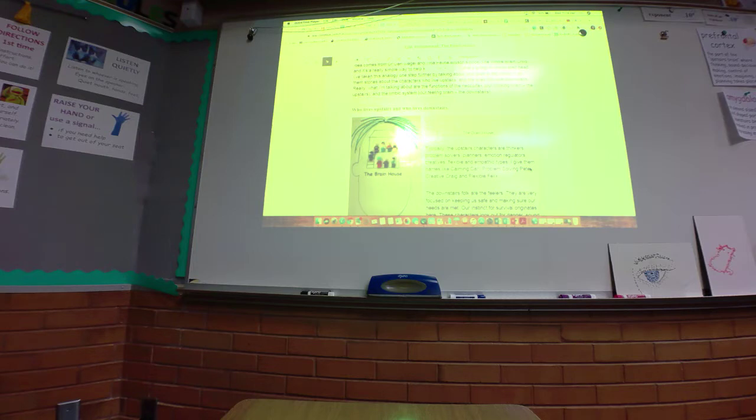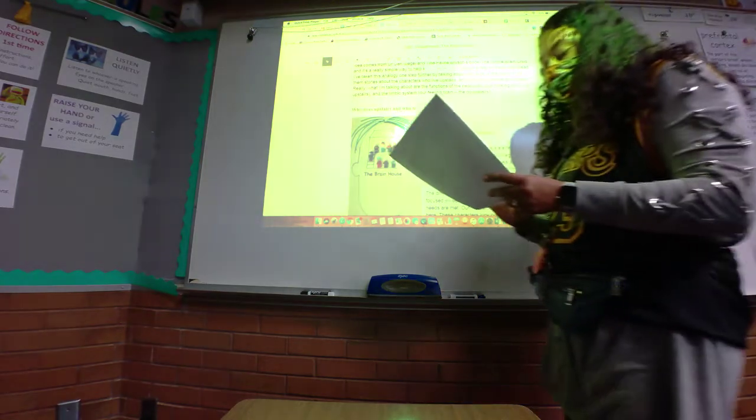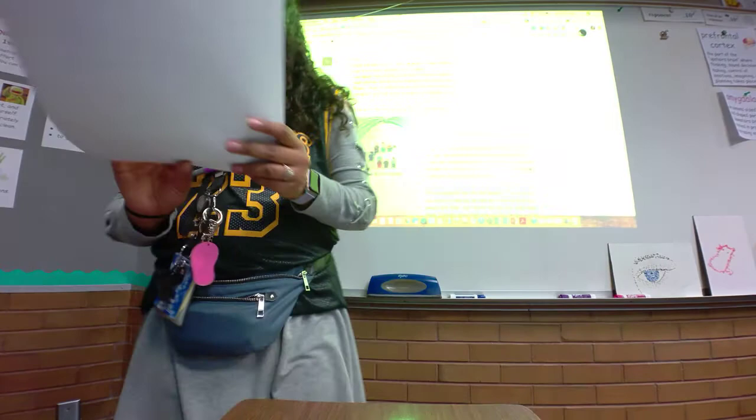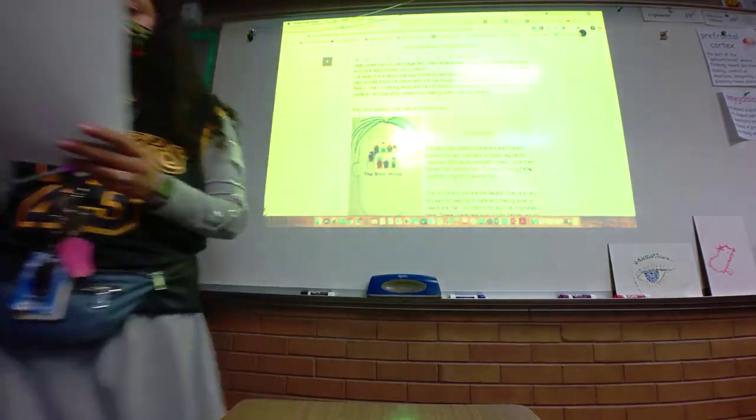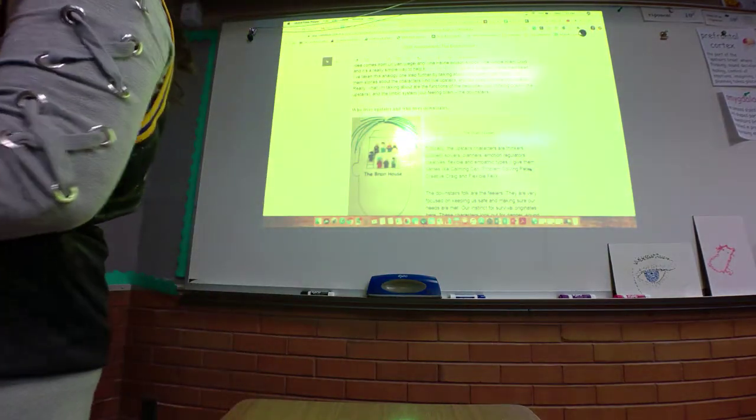They are very focused on keeping us safe and making sure our needs are met. Our instinct for survival originates here. These characters look out for danger, sound the alarm, and make sure we are ready to fight, run, or hide when we are faced with a threat. Downstairs, we've got characters like Alerting Allie, Frightened Fred, and Big Boss Bootsy.